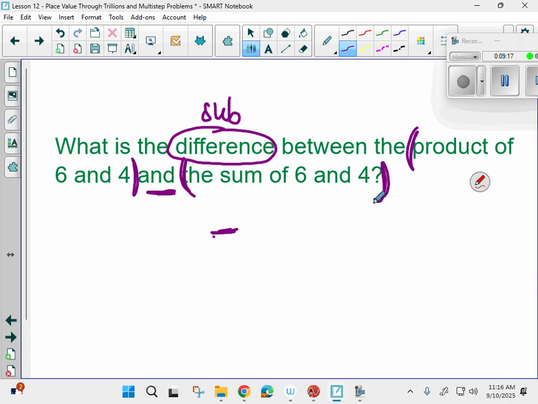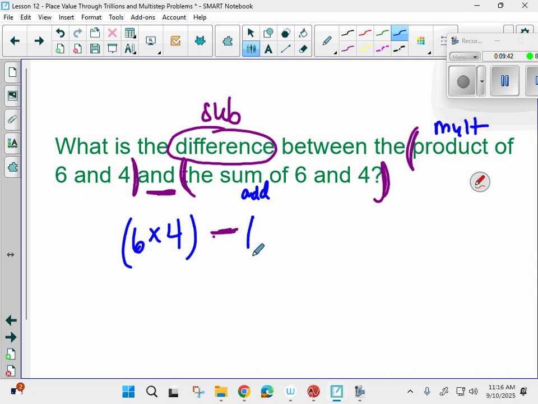Raise your hand if you can tell me what product means, Josie. Yes, and so this means I am going to multiply 6 times 4 and put that in parentheses. And then after the word and is the rest of the subtraction problem, okay? The sum of 6 and 4. Aaliyah, what does sum mean? Exactly, it means add. So these two right here, adding 6 and 4, okay?